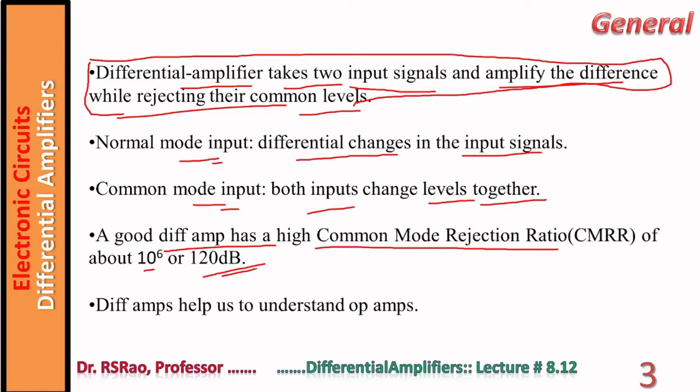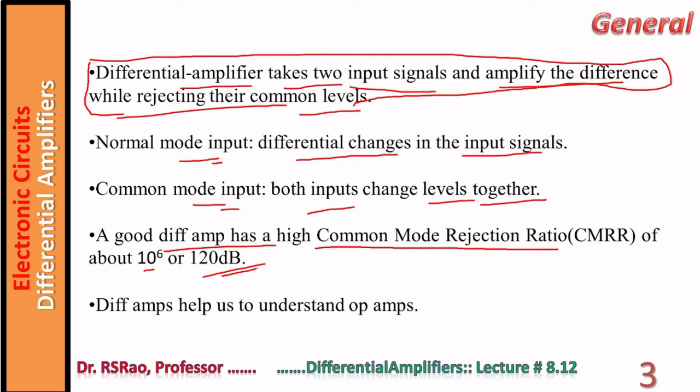A differential amplifier is supposed to amplify the difference of the two inputs. Not only that, it is supposed to reject completely, totally, the common part of the two inputs. But in reality, this common part also appears at the output.